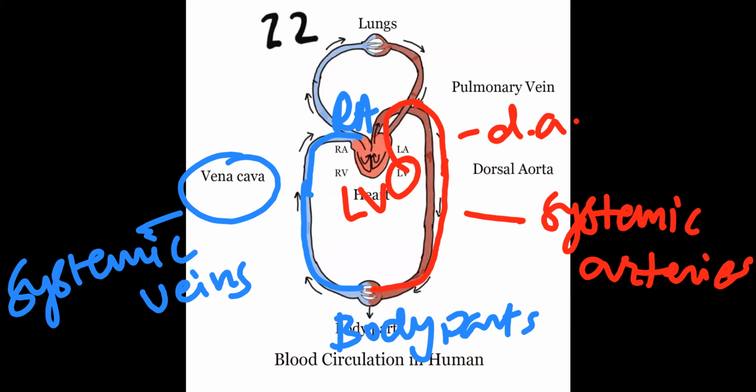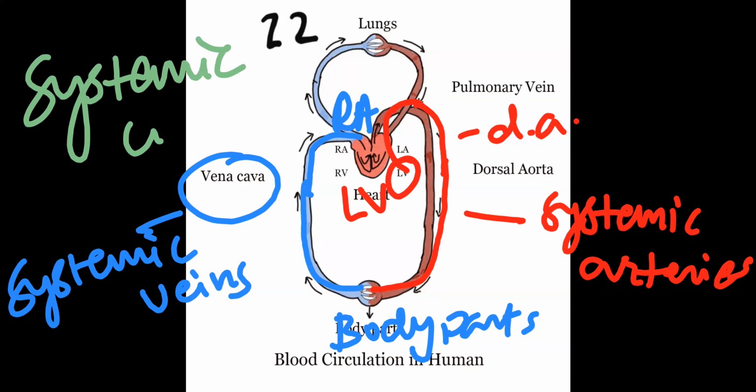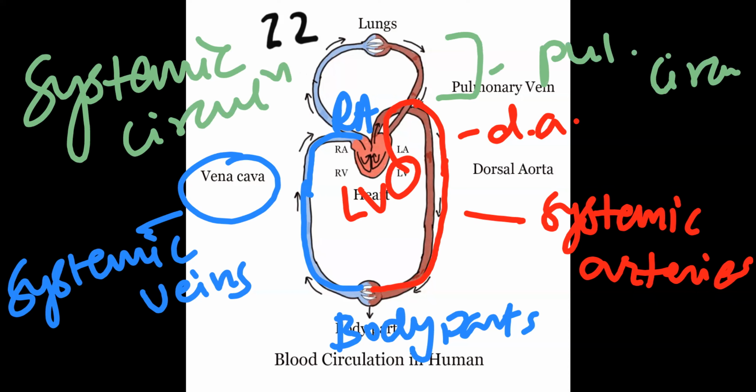From body parts, deoxy blood collected by systemic veins, finally by vena cava, poured back into right atrium. This circulation between heart and body parts, it is called as systemic circulation. This one was pulmonary circulation. The other one is systemic circulation.